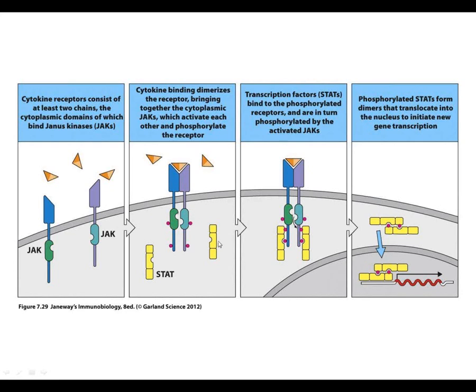So it's a JAK-STAT pathway. Once STAT gets phosphorylated, it can dimerize and actually serve as its own transcription factor. You'll learn about different STATs, like STAT3 and STAT6, you'll probably read about. So it goes through this seemingly very simple pathway of dimerization, JAK, STAT, and STAT can actually serve as a transcription factor and turn on certain genes. So cytokines, JAK-STAT pathway.